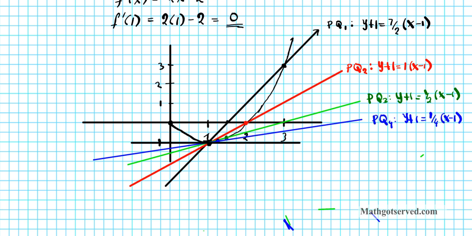This line right here is a special line, known as our tangent line. The equation is y plus 1 equals 0 times x minus 1. If we solve this equation for y, we're going to end up with y equals 0. So there you have it.